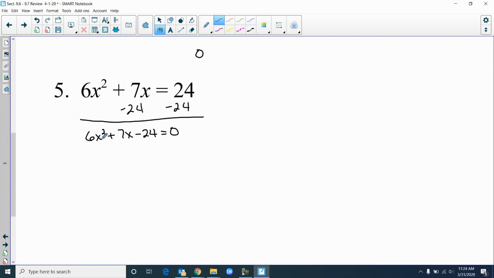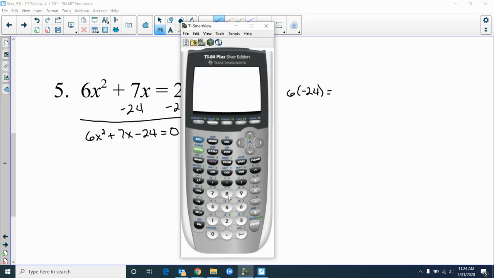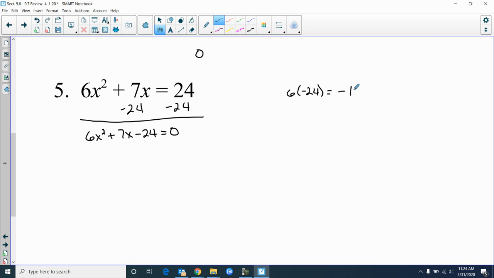All right, now this is a little more difficult because what two numbers do I multiply together? I got to multiply 6 times -24. And that gives me -144. So I need two numbers that multiply to equal -144, add together to equal 7.